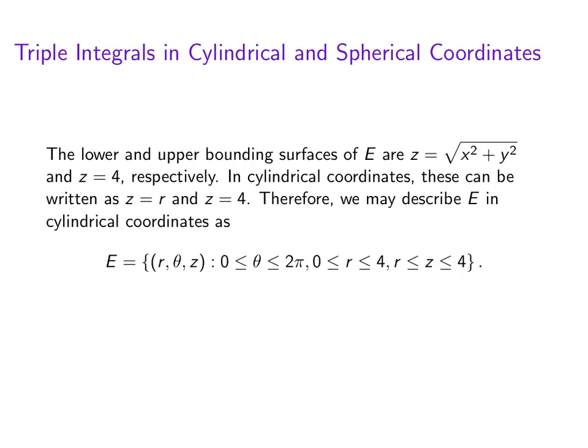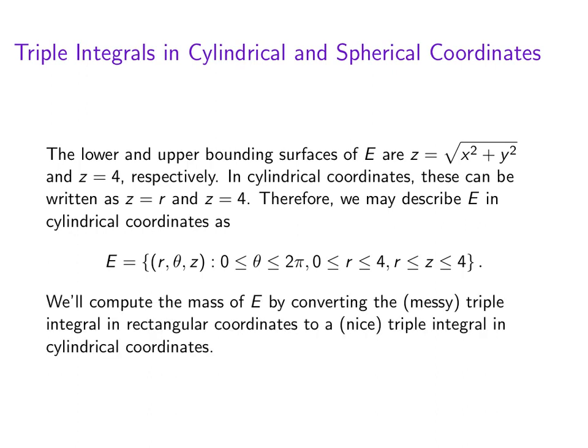It's the set of all points r, theta, z, where theta goes from 0 to 2 pi, r goes from 0 to 4, and z goes from r to 4. All right, now we're going to compute the mass of E by converting what once was a messy triple integral in rectangular coordinates to a very nice integral in cylindrical coordinates.